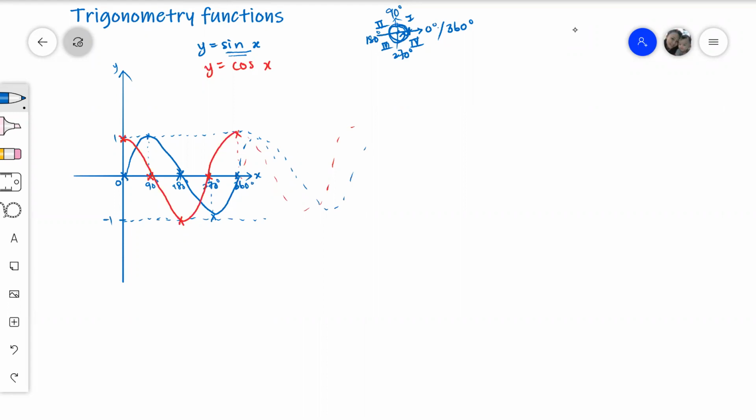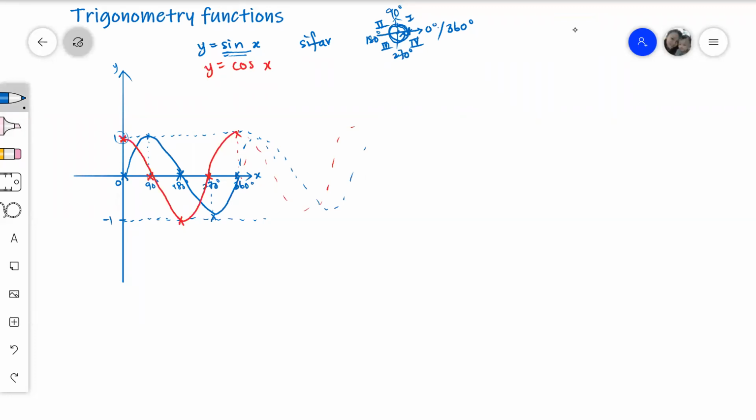So remember the basic graph for sine x and cos x first, whereby sine x starts with 0, cos x starts with the maximum 1. You can remember this way: sine stands for cipher, and cipher in BM means 0. So remember sine x, cipher, starts with 0. And cos x will be the opposite, it will be maximum.